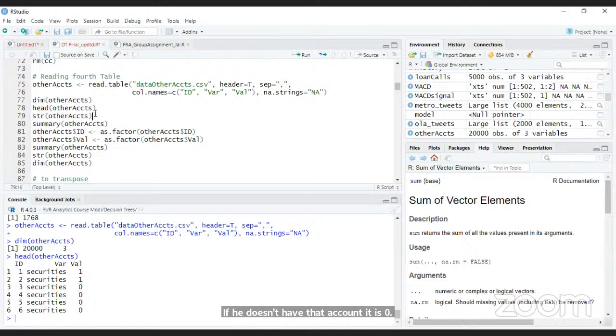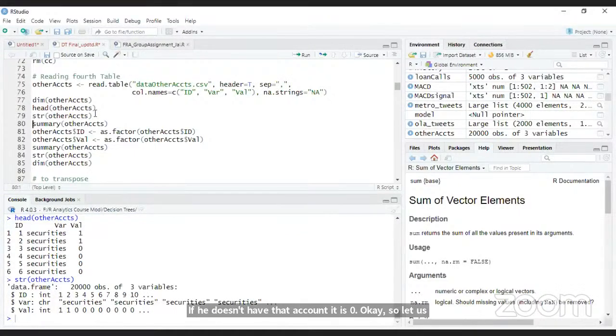Okay, so let us look at the structure. Again, we have three columns, right? Two columns are integers and one is character. So first two tables are neatly arranged except the missing values in the first table. Second table is neatly arranged with no NA values. They are good to go. Third table has 60,000 records and three columns.